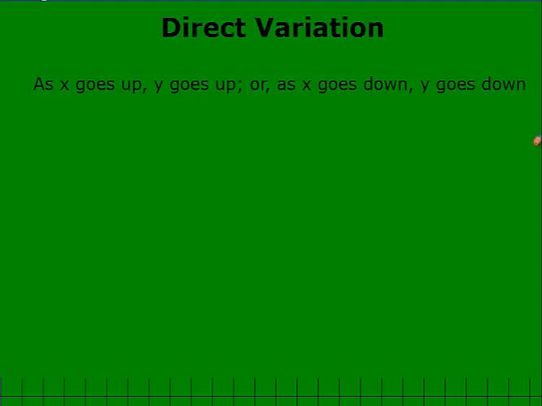Now the formula for it, let me see where I wrote it. There it is: y equals kx. This should look familiar to you. What's our slope-intercept form? y equals mx plus b. Does that look similar? What's the difference? There's really no b.